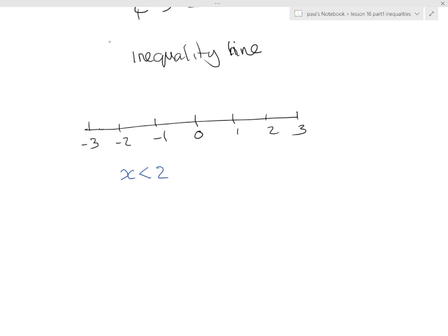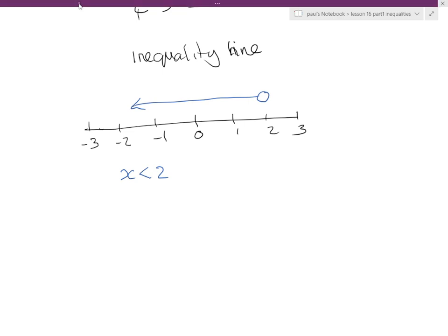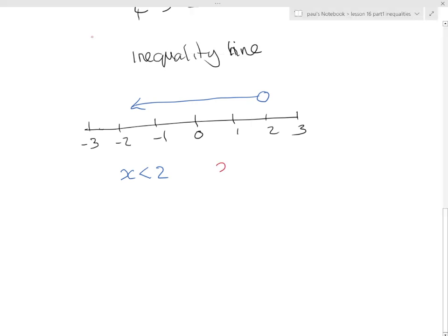So a less than sign is represented by a circle like this. And anything less than 2 would be a value of x. So we just do an arrow to the left. It doesn't matter whether it goes to the end, halfway, it's the direction that's important. And x is more than minus 1. So we go above the minus 1 and go the other way this time.